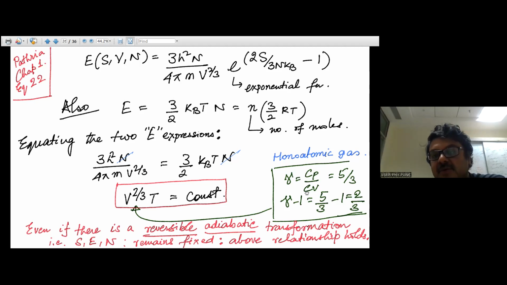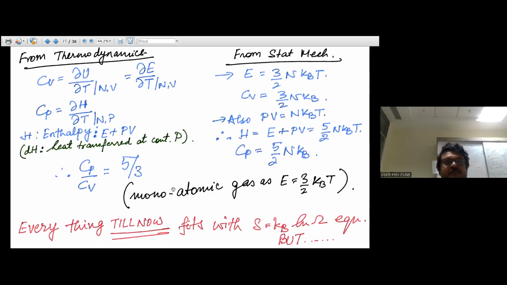Now, I'll just remind you that this 2 by 3 is the same as gamma minus 1, where gamma was Cp by Cv, 5 by 3, and gamma minus 1 is 2 by 3. So what we have got is the thermodynamic result of V to the power gamma minus 1 into T equal to constant, but we have got this now from statistical physics. And so if there is a reversible adiabatic transformation such that S, E, N all remain fixed, then this relationship holds, right?